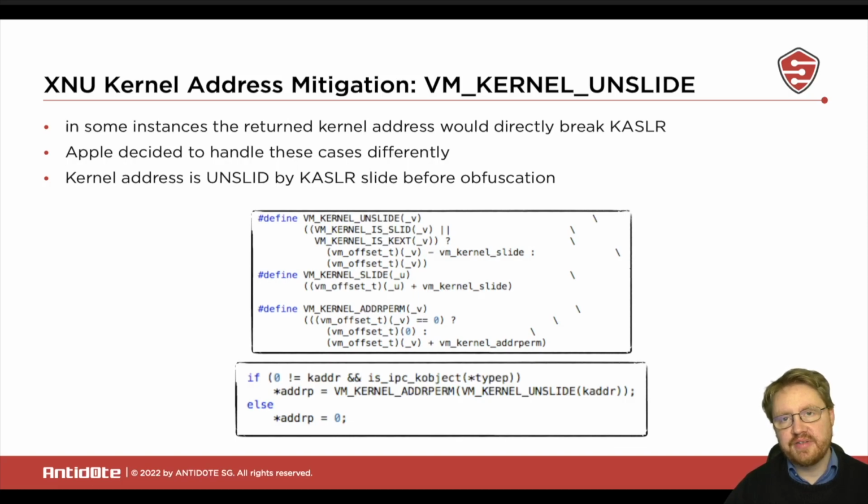There have been security vulnerabilities where people tricked this whole system by stealing addresses that way. But nowadays, Apple has made this more and more robust by changing this and hardening these macros.